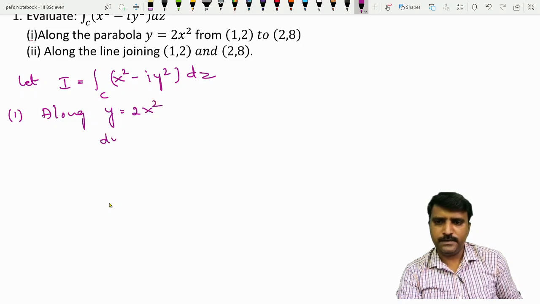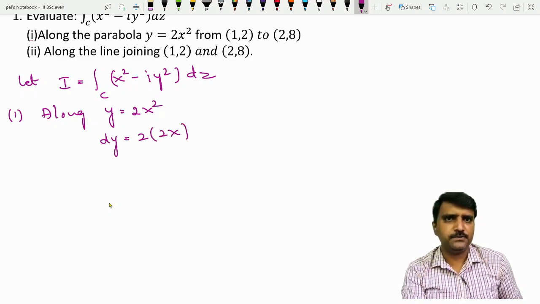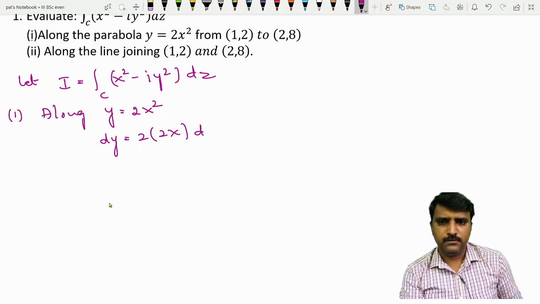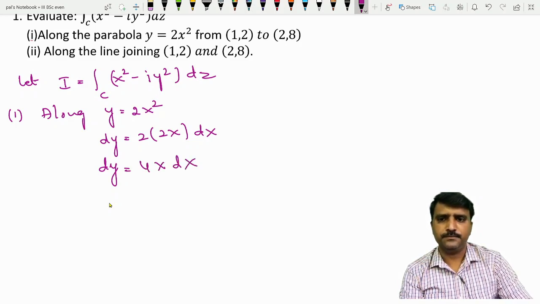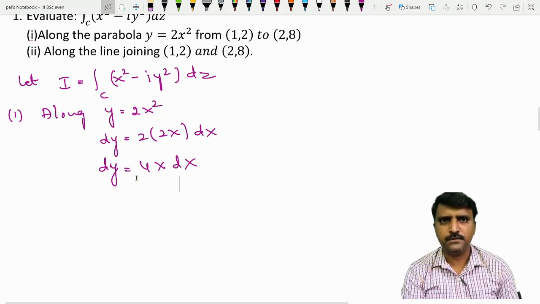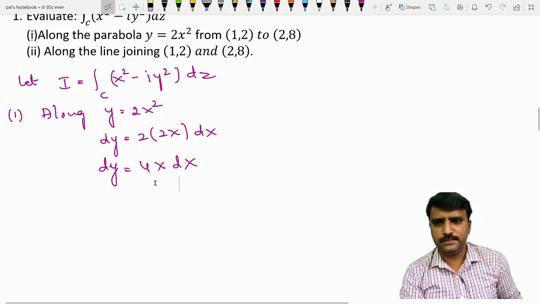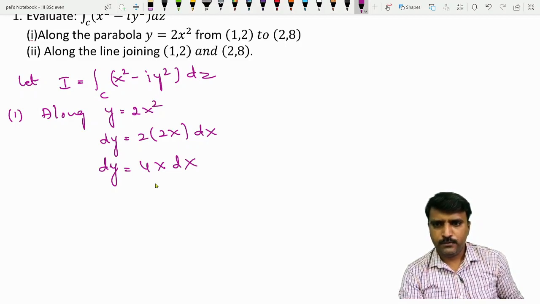So now what is dy? Its differentiation is 2 into the differentiation of x square, which is 2x dx. So dy is equal to 4x dx. Now what is dz? dz ಏನಾಗುತ್ತೆ ಈಗ?